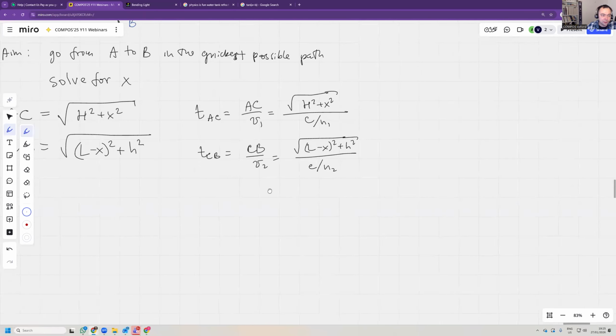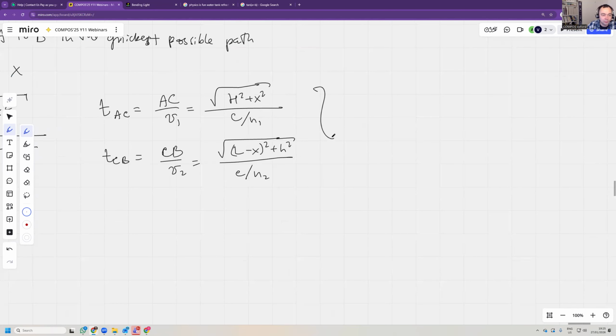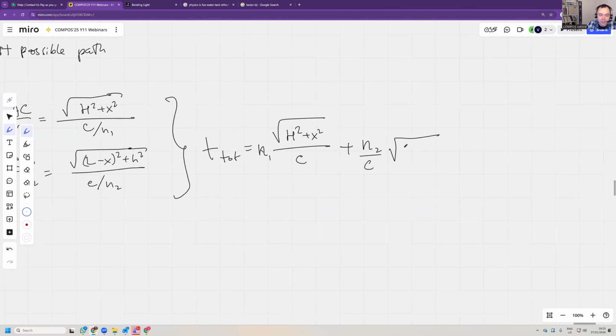So total time t total is the square root of h squared plus x squared divided by c multiplied by n1, plus n2 divided by c times the square root of (L minus X) squared plus h squared.